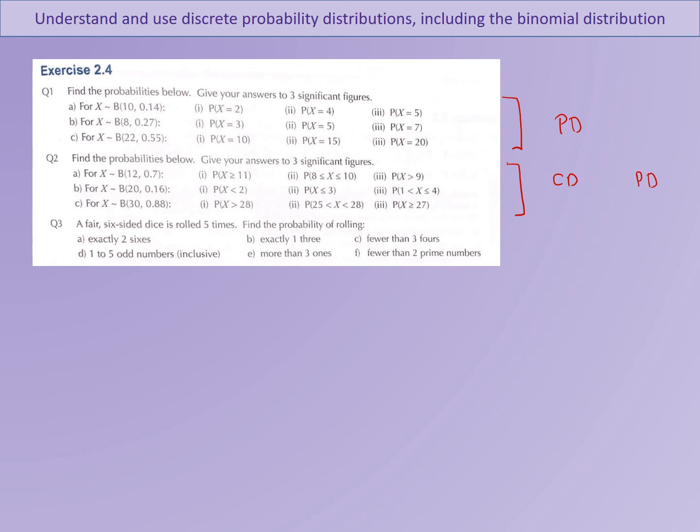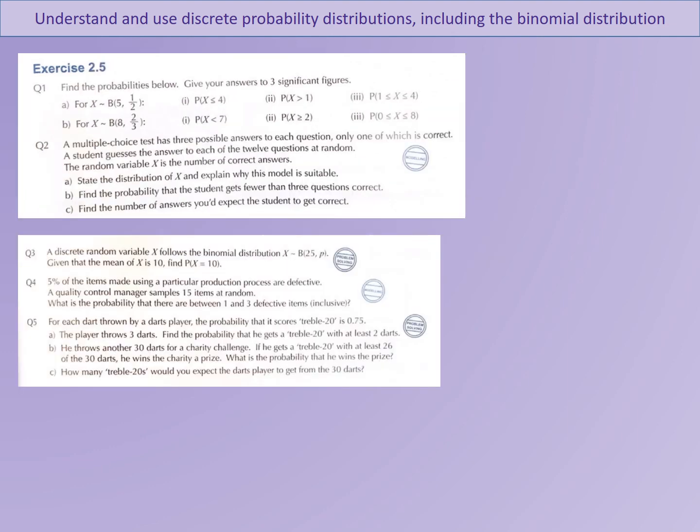If you've watched the slideshow on how to use your calculator, you'll see that there are different ways. Sometimes it's easy to use the CD function, sometimes the PD function. And question 3, that's one where you're going to have to work out whether it's the PD or CD, depending on what the question is asking you for.